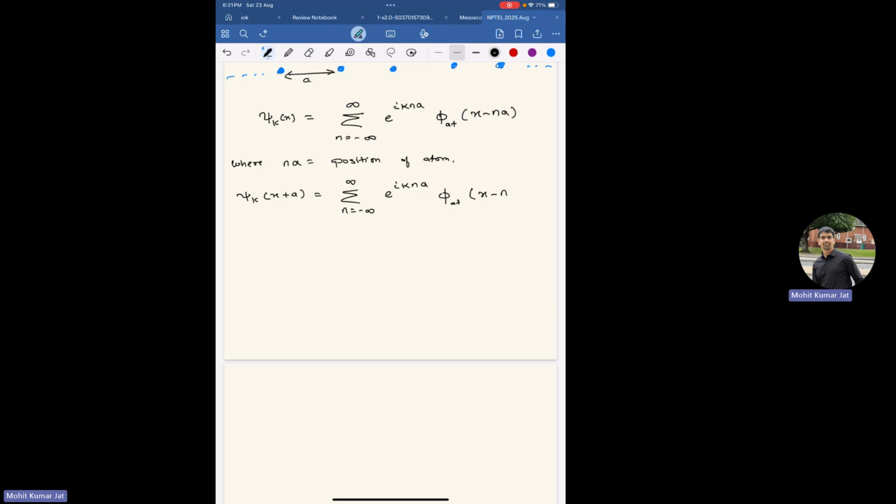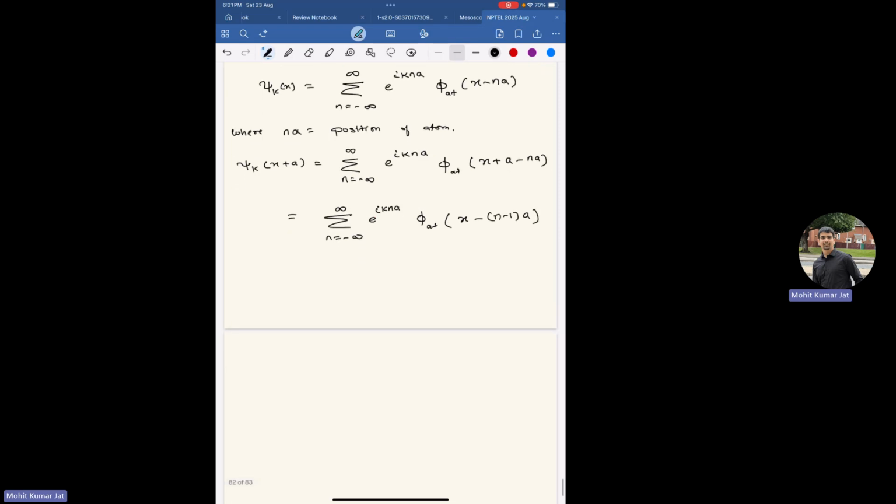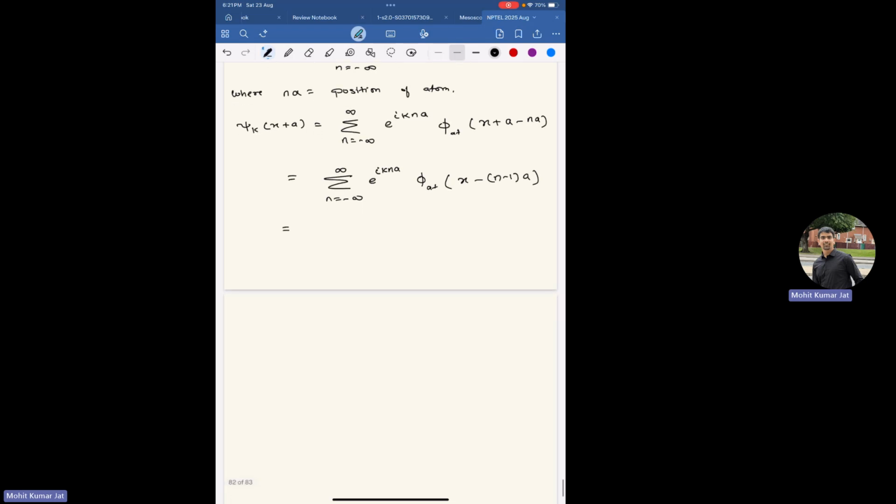Instead of x, you should write now x plus a minus n a, and you can rewrite it as the sum over n, e to the power i k n a, phi atomic x minus (n minus 1) a, right? And since n is infinity, you can essentially take it to be n minus 1, running from minus infinity to plus infinity, e to the power i k (n minus 1) a.